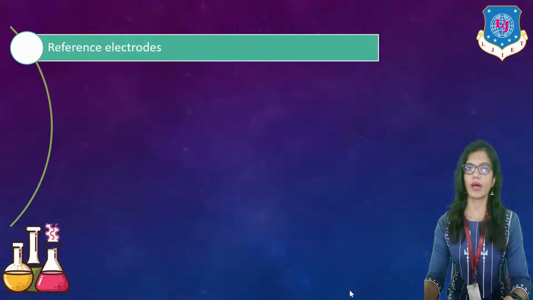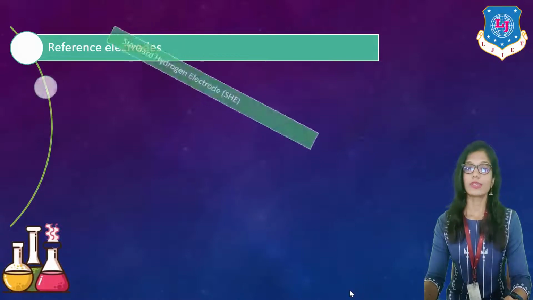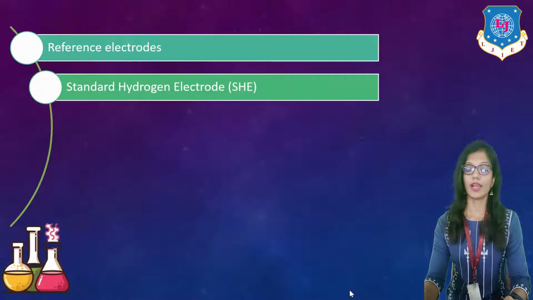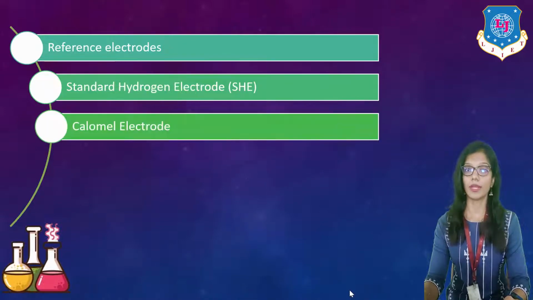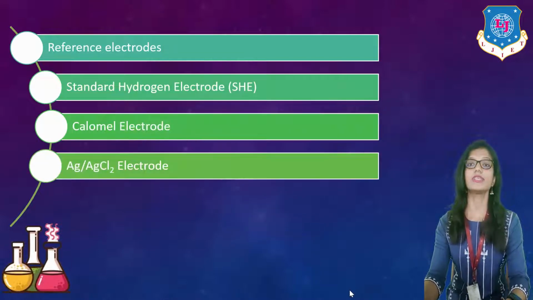The first part that we will have here is reference electrodes, which are the standard hydrogen electrode, also known as SHE. Then we will have the calomel electrode. The next one is the AgCl2 electrode.